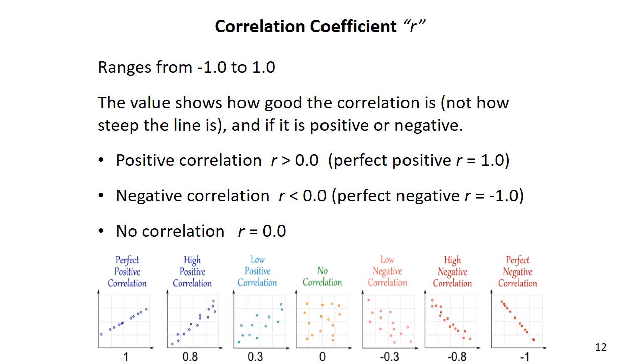So if you're looking at the bottom of this slide here, you'll see that in the very middle we have this no correlation. So there's a 0 here, and what that means is that I can't really draw a line. I can't see any pattern in this data whatsoever. Whereas when I look to my left, low positive correlation, I can see that they're sort of kind of aligned.